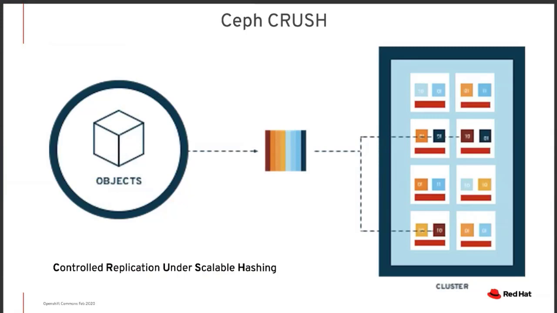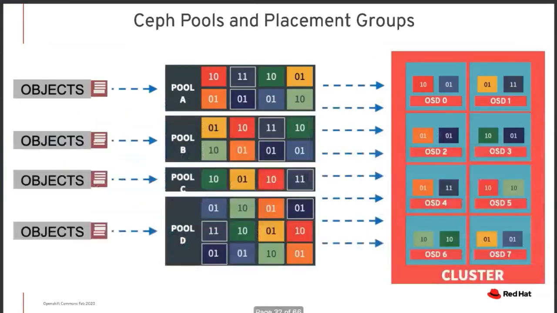The hash will define where an object is getting placed, and it can also be calculated back to retrieve an object. So this is how Ceph places its data, by using the CRUSH algorithm. And CRUSH can also define how replication takes place. If it's across server systems, across racks, or even across data centers, that's all configurable.